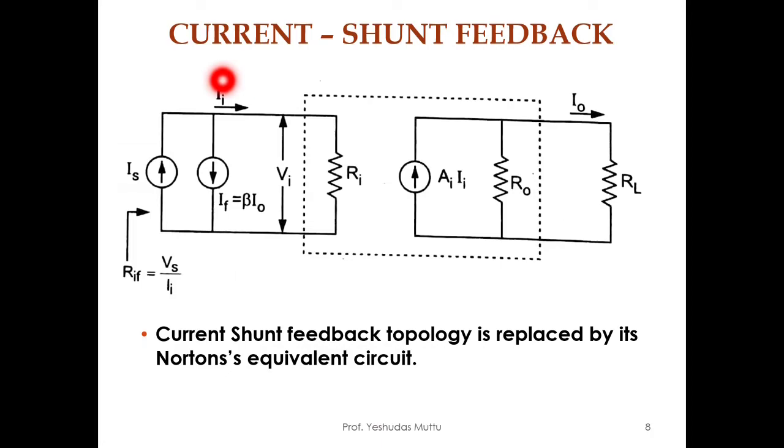As we had done for voltage series, where it was Thevenin's equivalent circuit, now for current shunt feedback it is Norton's, because at the input side as well as the output side you have currents to be measured.